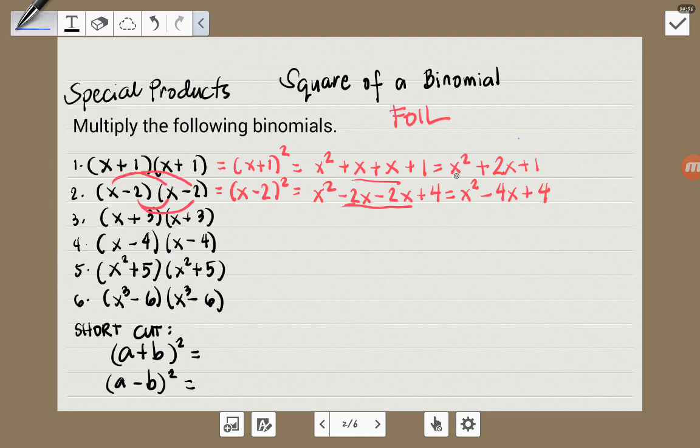Anong mapapansin nyo dito sa first terms natin? Tingnan natin, ilang terms muna yung naging sagot natin sa number 1. So, 1, 2, 3. Meron tayong 3 terms sa sagot natin. Same with number 2, meron din tayong tatlong terms.